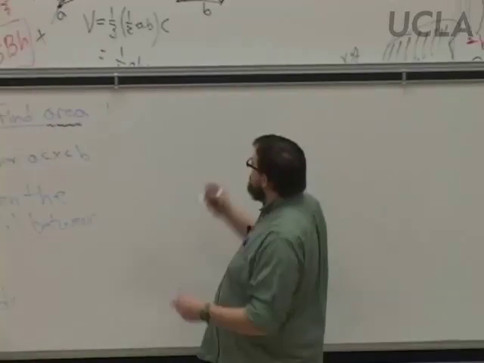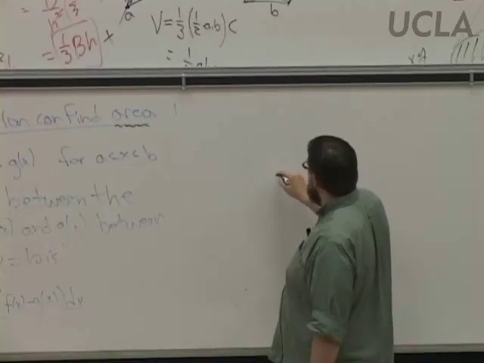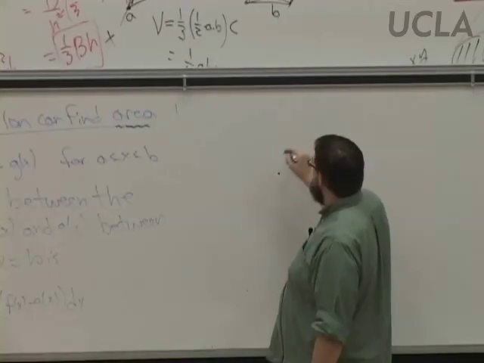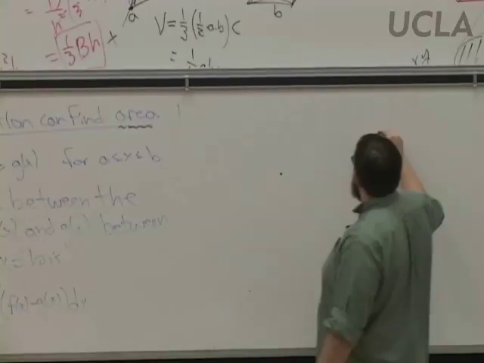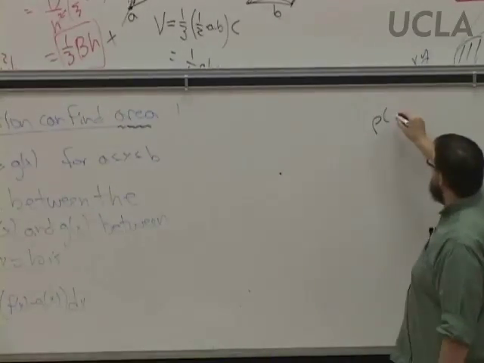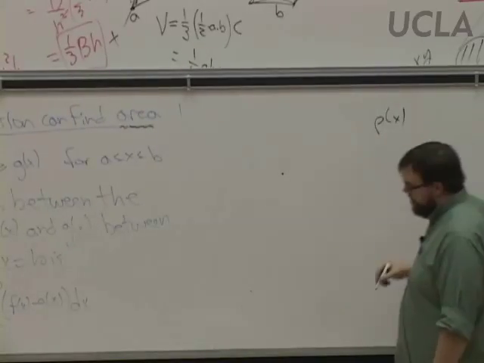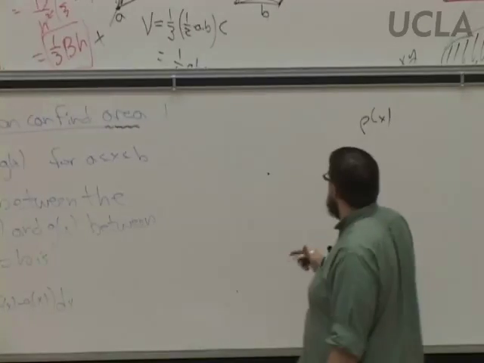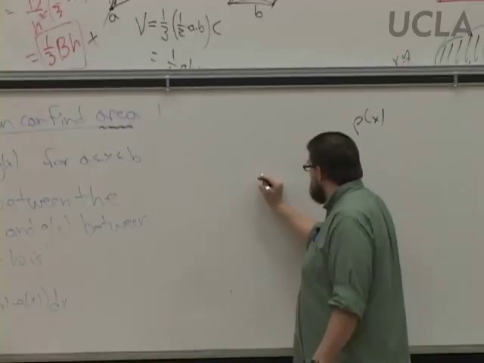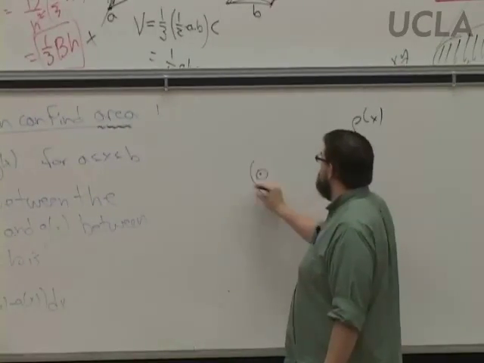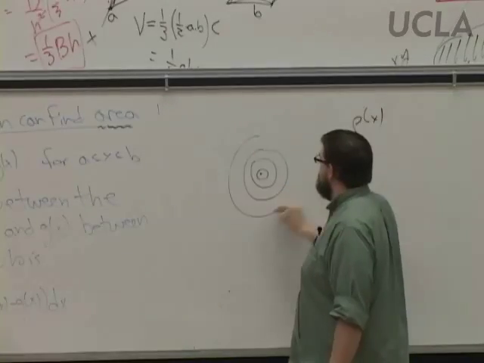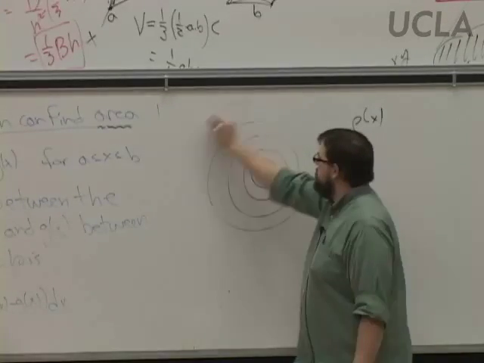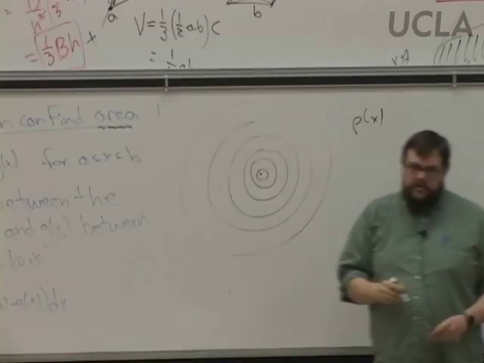So one way to model the city is to say, well, look, you can model the density of the city, or density of the population of the city, based upon how far away you are from the center. So the city has the densest population at the center, and then as you move further out from the center, it gets less and less dense. You're hitting the suburbs. You get green trees, et cetera, et cetera.